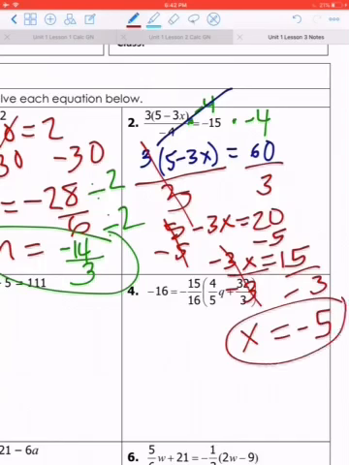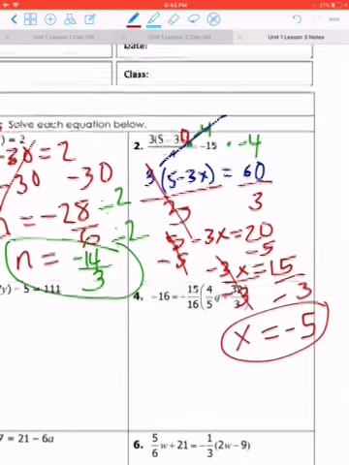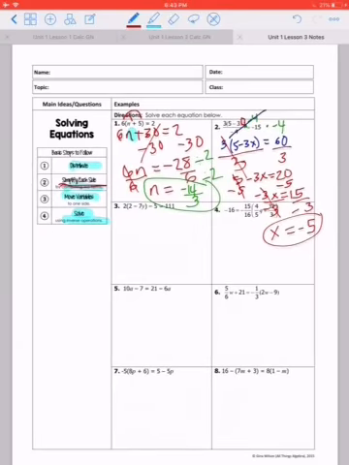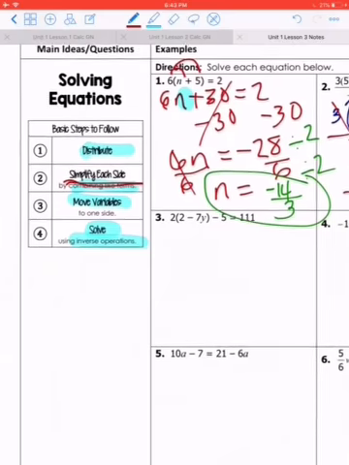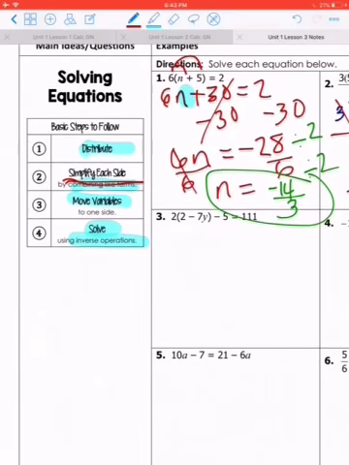And again, you could plug that in for x and you should get negative 15. Okay, so number 2, I didn't really follow those steps exactly. The steps will work every time, but if you can think outside the box and figure out your own way, as long as you're getting the right answer, you can do that too.